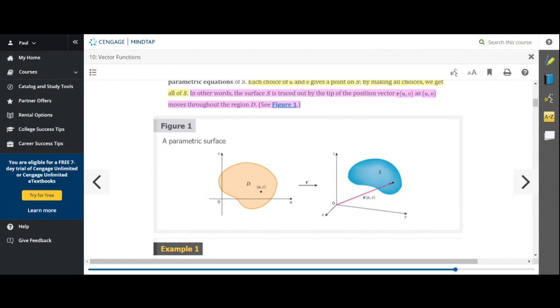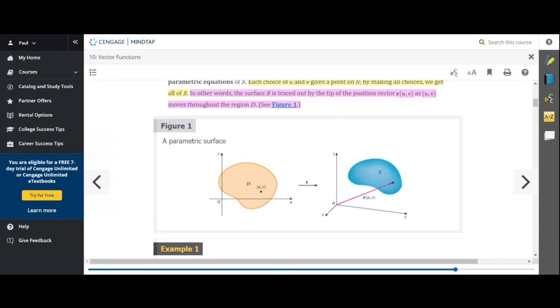So for every value of u and v, the vector function touches a point in space. And if you vary u and vary v, you'll trace out a surface in space as you vary u and v.